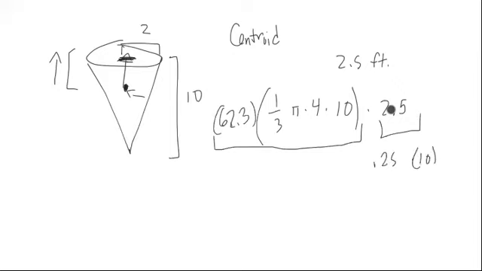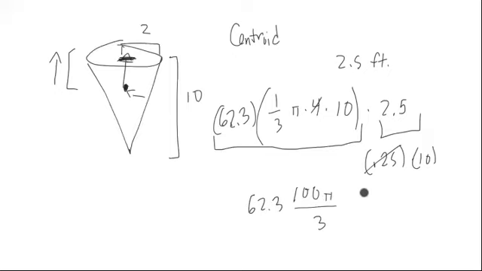I'm just rewriting 2.5 as 0.25 times 10. And then that 0.25 will cancel with that 4. And I just have 100/3. So that's what I'm thinking. 100 pi over 3 times 62.3.